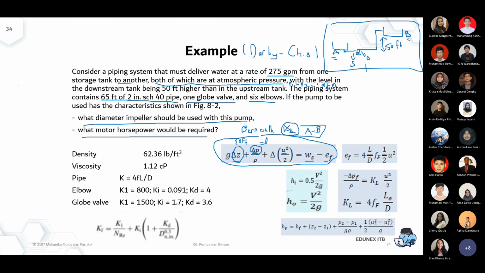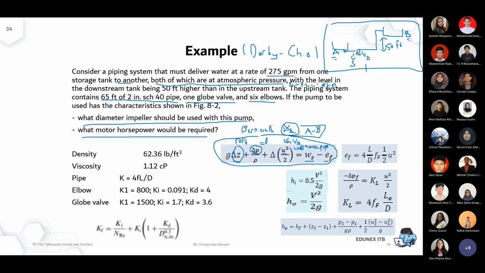For this one, you just have to make sure about the size of the pipeline. If the pipeline size remains the same, then VA will be the same as VB at the same pipe ID.